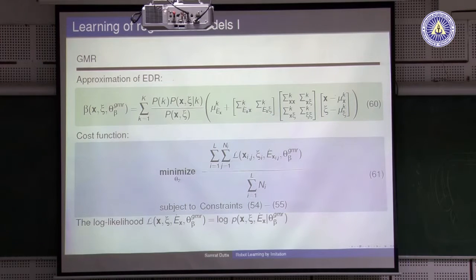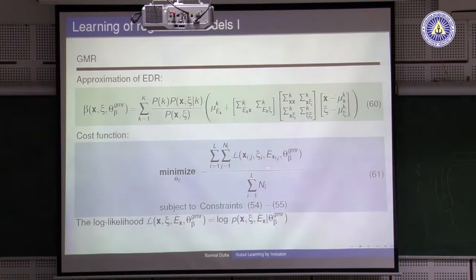In the same way as I have shown that we learned the f(x) using GMR, the EDR, that means the energy dissipation rate, that we are achieving from the demonstration, we learn it using GMR like this, where, as earlier, these are the covariance matrices and these are the means, and the cost function we minimize during the search of P is this.